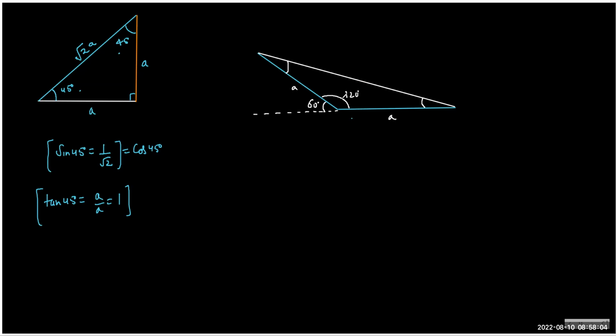If you remember this theorem from basic geometry in class 9th: in any triangle, if two sides are equal, then their corresponding opposite angles will also be equal. So if this is theta, this must be theta, because I have taken A and A. Therefore theta plus 120 turns out to be 180 degree. So 2 theta is 60 degree, so theta is 30 degree. Do you realize this?